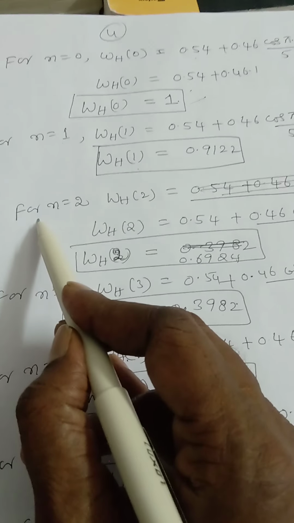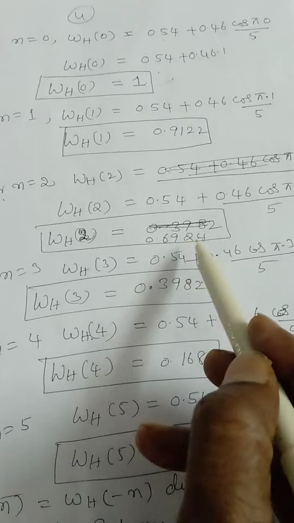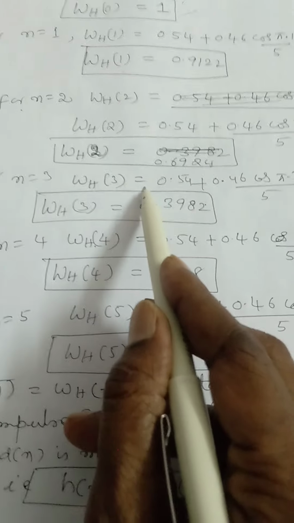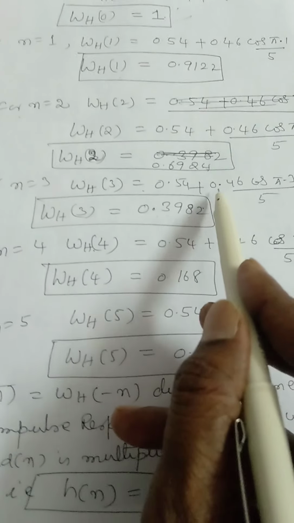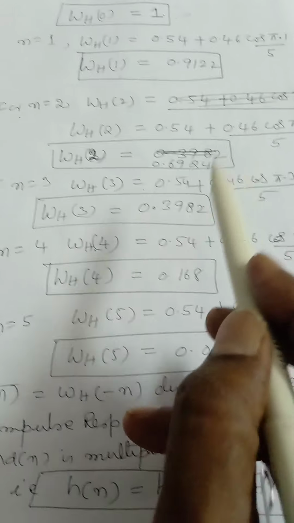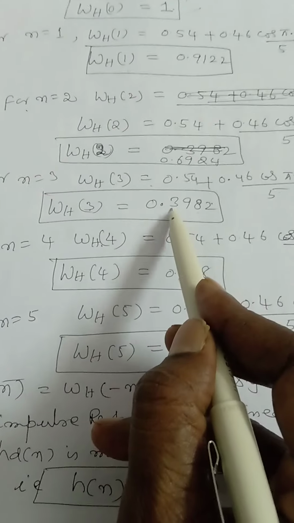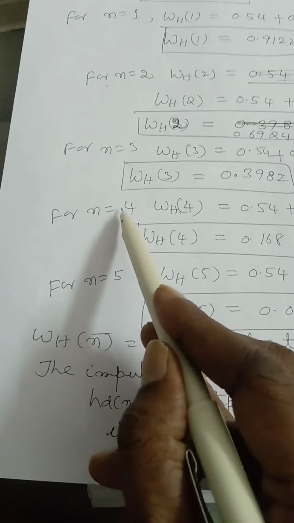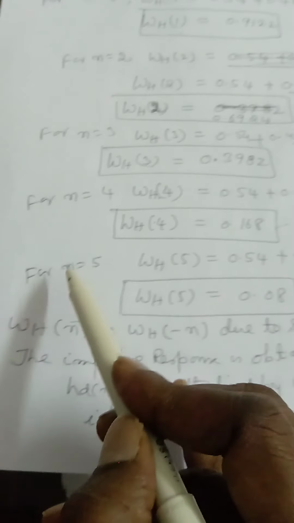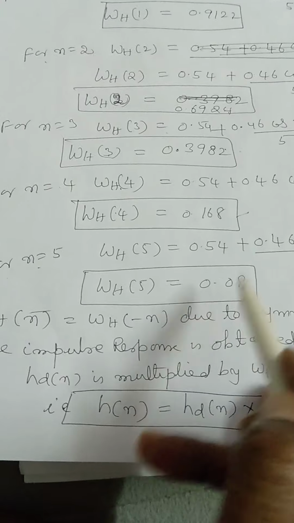For n is equal to 2, WH of 2 is equal to 0.6924. For n is equal to 3, WH of 3 is equal to 0.54 plus 0.46 cos pi into 3 divided by 5. That is the formula. Finally, WH of 3 is equal to 0.3982. For n is equal to 4, WH of 4 is equal to 0.1682. For n is equal to 5, WH of 5 is equal to 0.08.